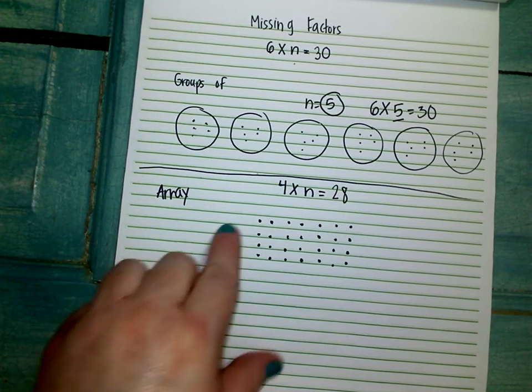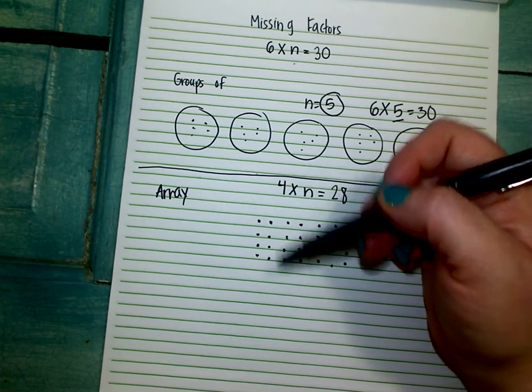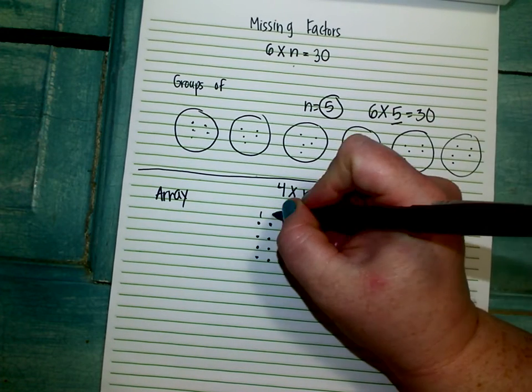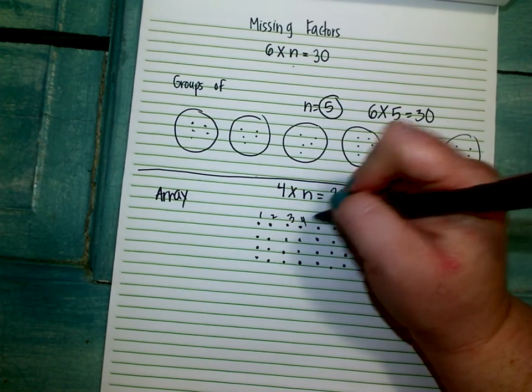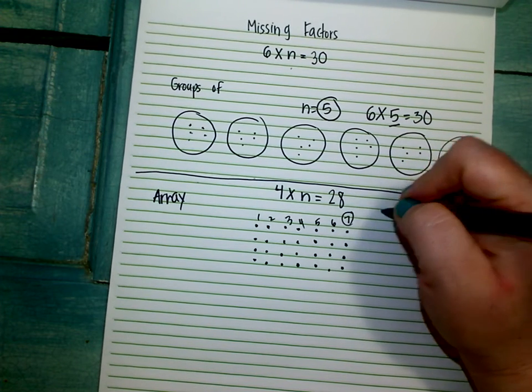So there we go. I've got 4 rows, not columns, 4 rows, and I'm going to just see how many columns I have. Well, I have 1, 2, 3, 4, 5, 6, 7. So my answer is 7.